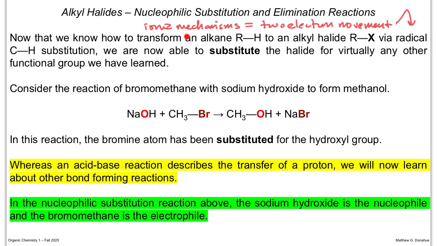Ionic mechanisms proceed through two electrons moving. And the arrows that we're going to use have that double-headed arrow there. The radical ones use kind of the fish hook or one-sided arrow. So when you see that, that's the movement of two electrons.